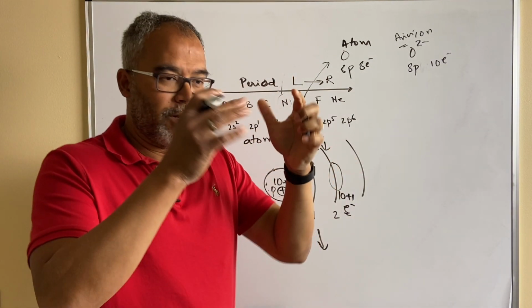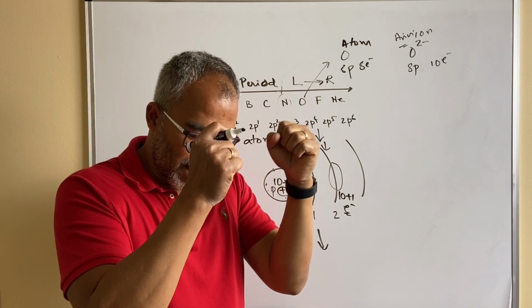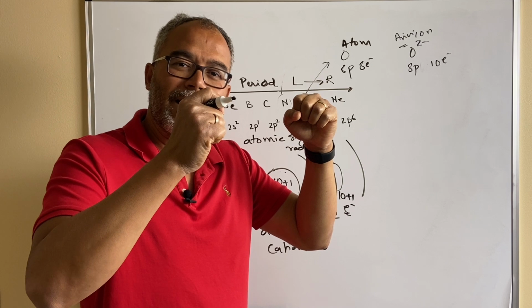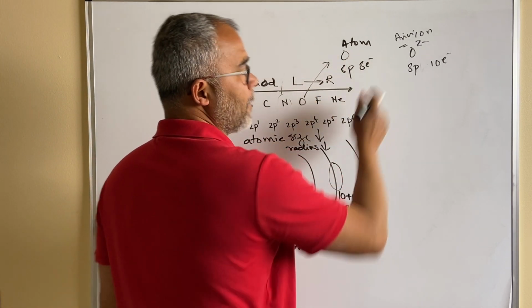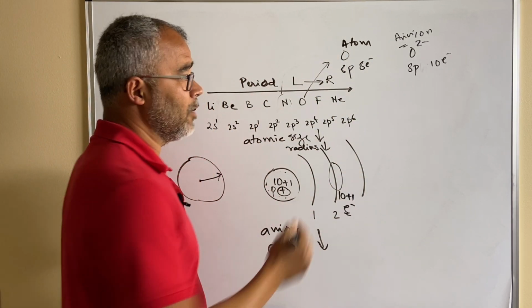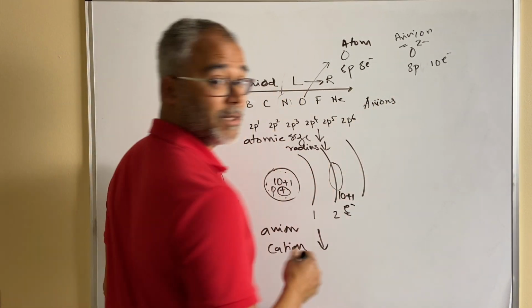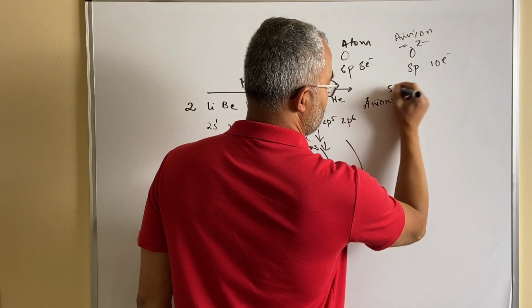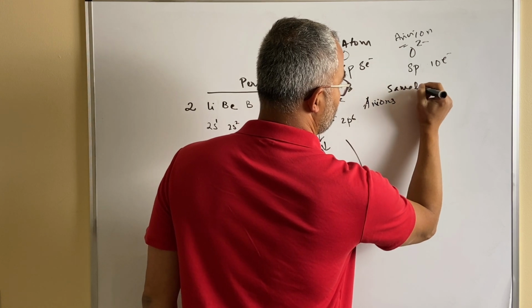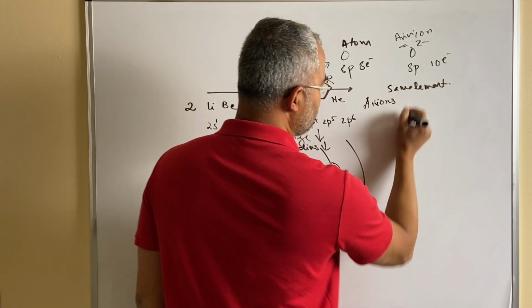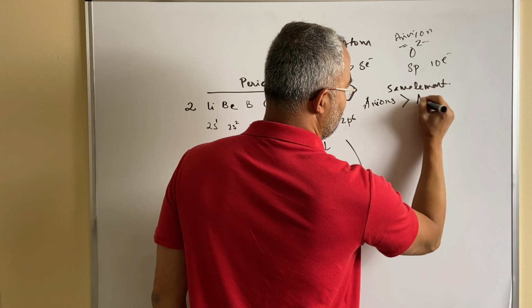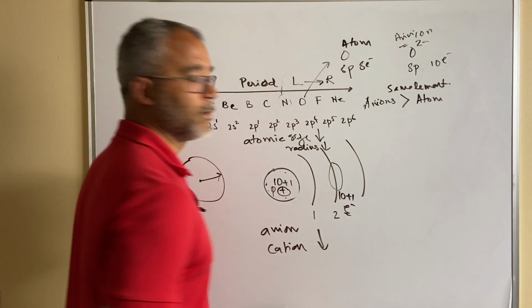As a result, because the electrons are pulled less inward, they expand slightly. Therefore, anions of the same element, and it's important that it be the same element, are larger than the atom.